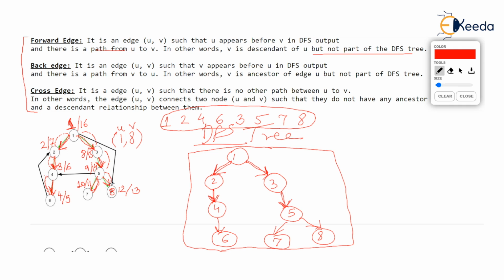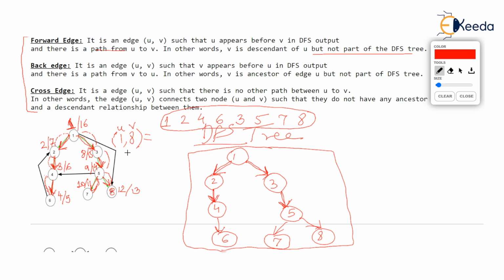So definitely this 1 to 8 does not appear in the DFS tree, u comes before v in the DFS output, and there is a forward path from start vertex to end vertex, u to v. So this edge will be labeled as a forward edge.